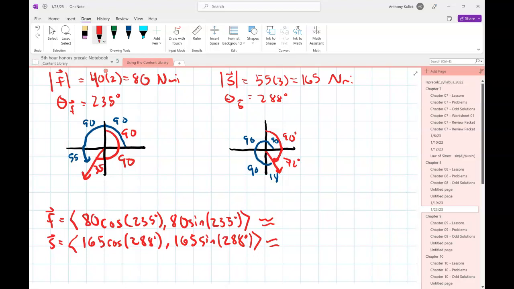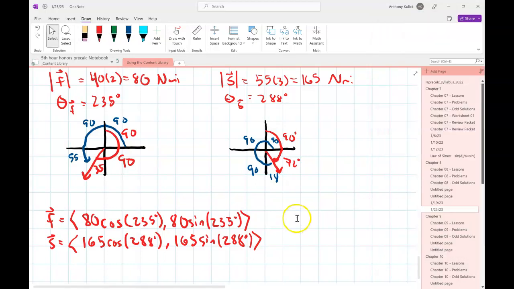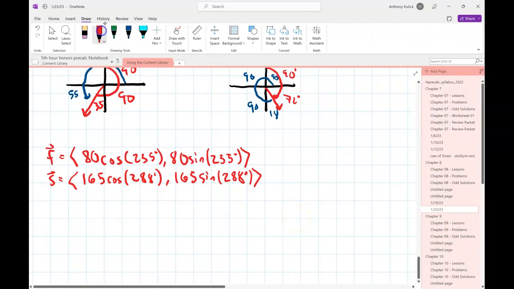When I type those into my calculator, actually, I don't even need to type those in my calculator. It'd be fine to just do it later. So then my total, the resultant, maybe I'll use R for resultant, is just going to be vector F plus vector S.